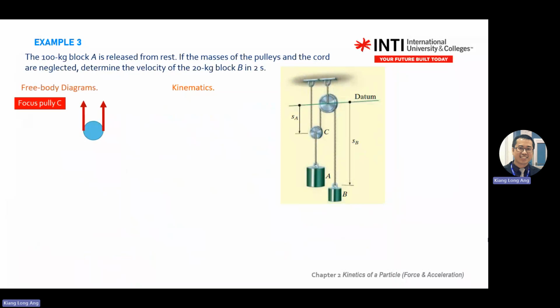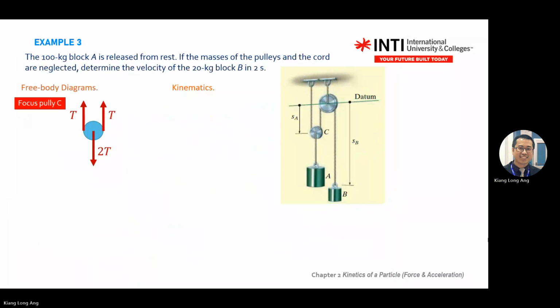At C, you have 2 ropes pulling up and 1 rope pulling down, right? Pulling down is what? Mass of A, right? So you have T and 2T. Balance, balance. So these two tensions must equal the tension over here.